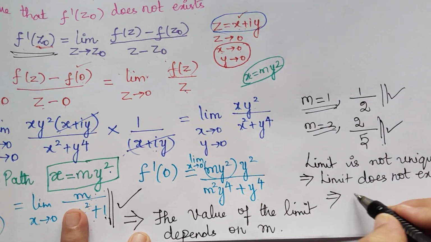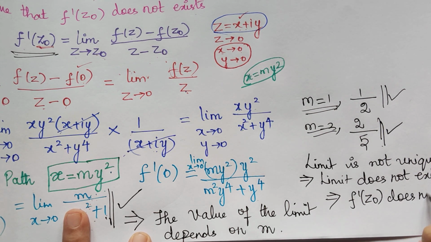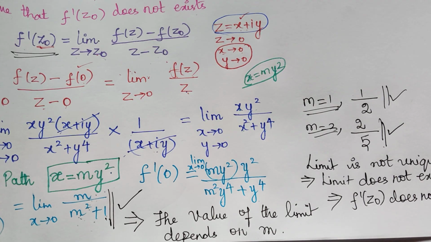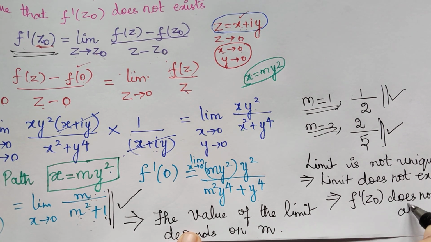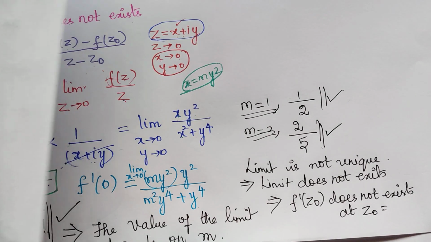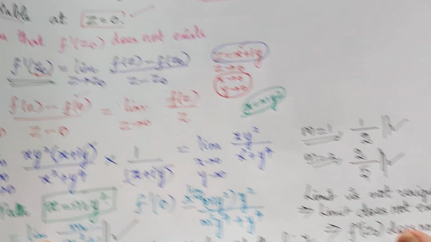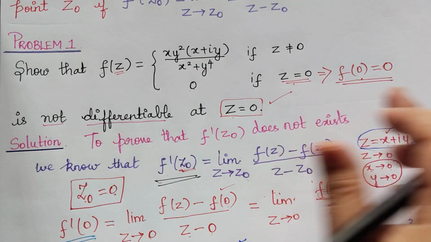So we have proved that f dash of z naught does not exist, which means that at the point z naught equal to 0, f dash of z naught does not exist. So hence f of z is not differentiable at the point z equal to 0.